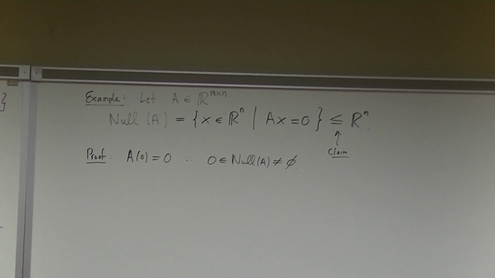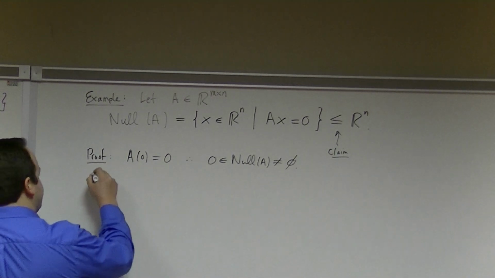It's just my custom, most people's custom, to look to see if 0 is in the set. That's an easy thing to check to show it's non-empty. A lot of times I'll ask you to prove or disprove that something is a subspace. So if you look for 0 and you don't find it, game over, not a subspace. Here the game's not over, let's go on.